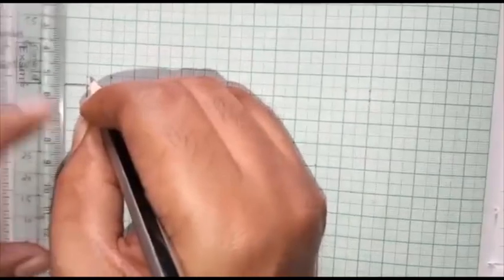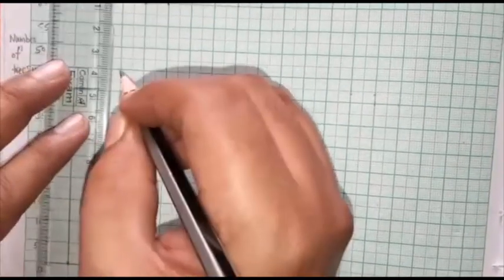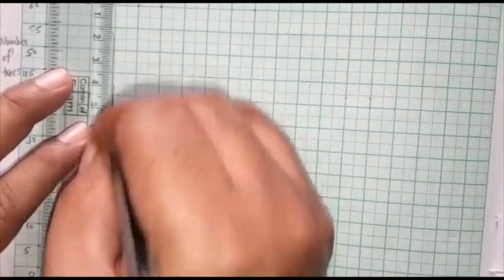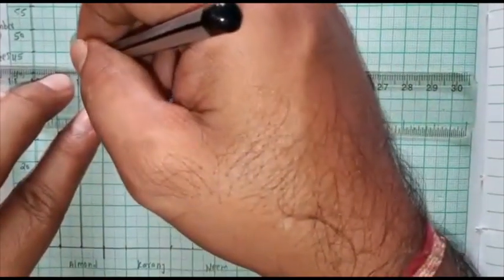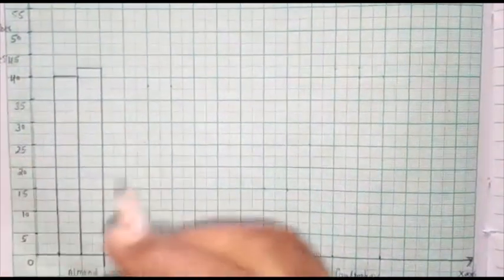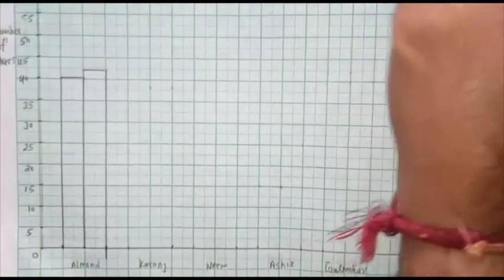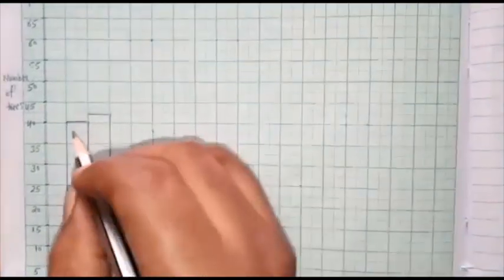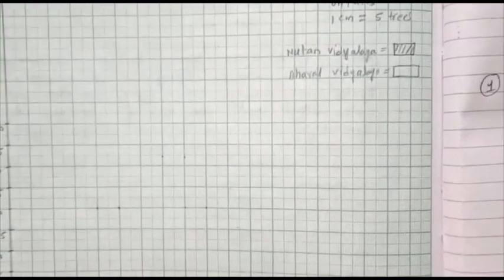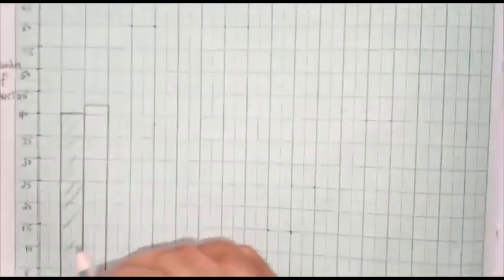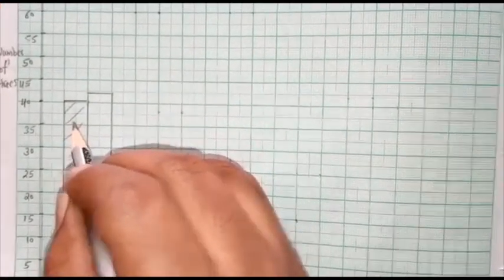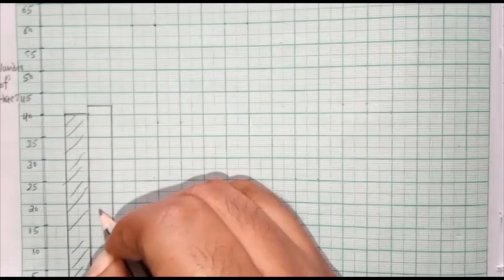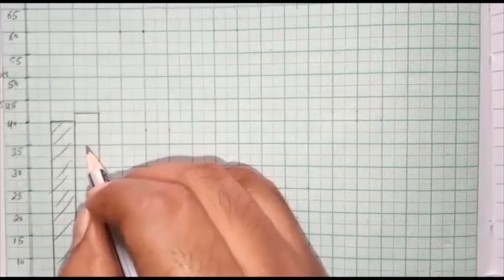So till here we have to draw the 42. Now we take the Nutan Vidyalaya part and do the box with a line. So the first part shows the Nutan Vidyalaya and the blank part shows the Bharat Vidyalaya.